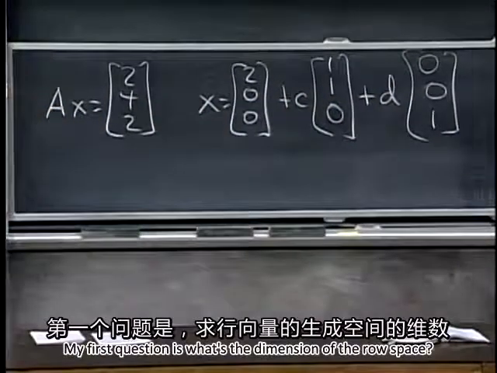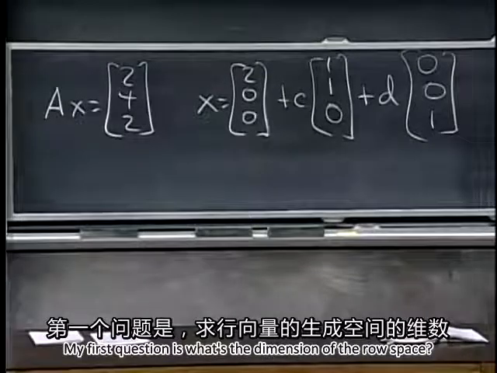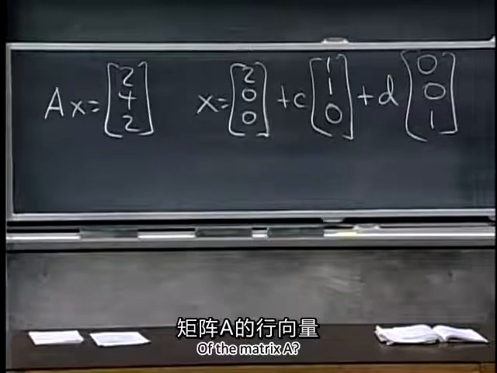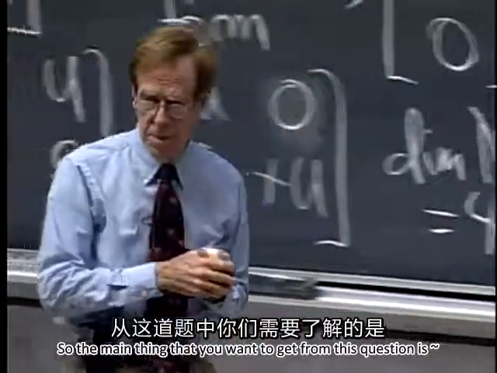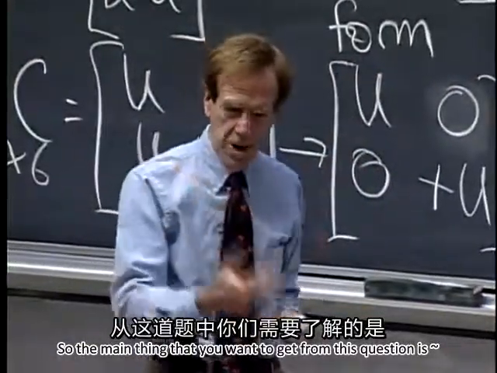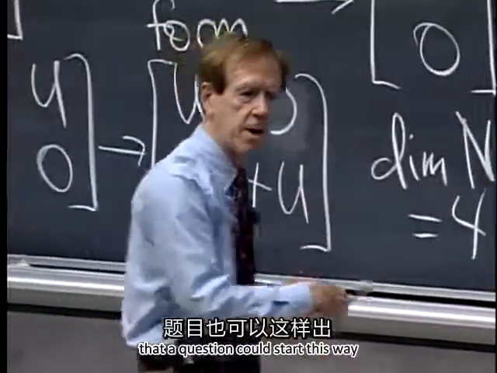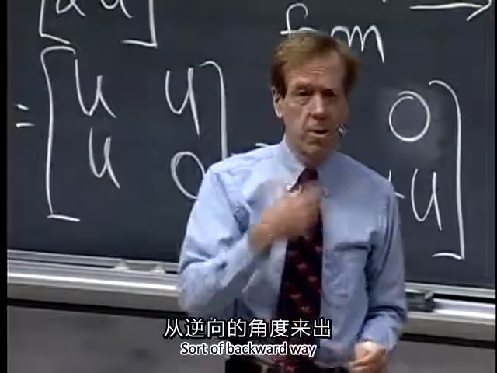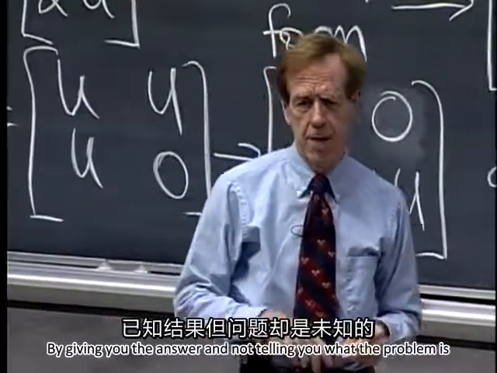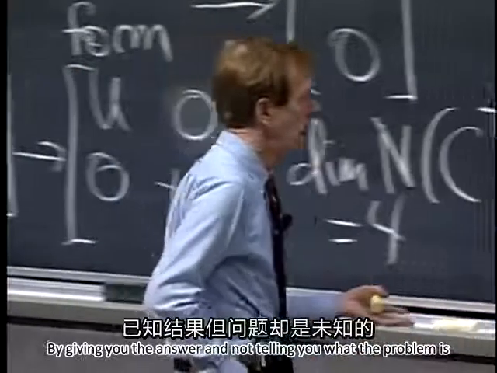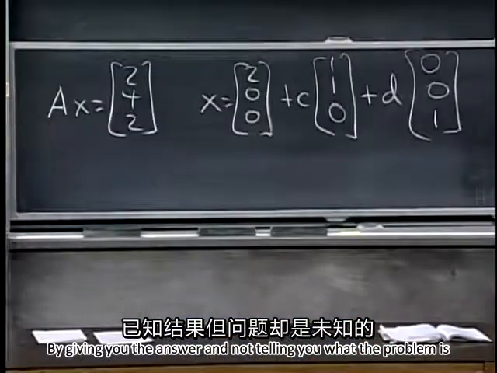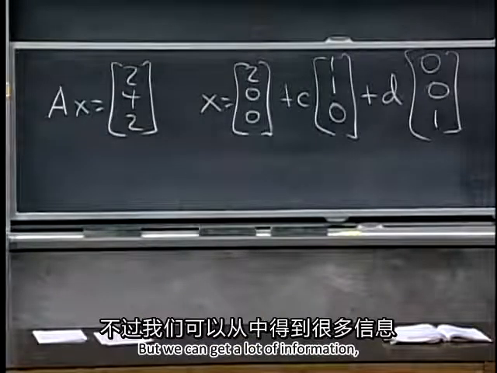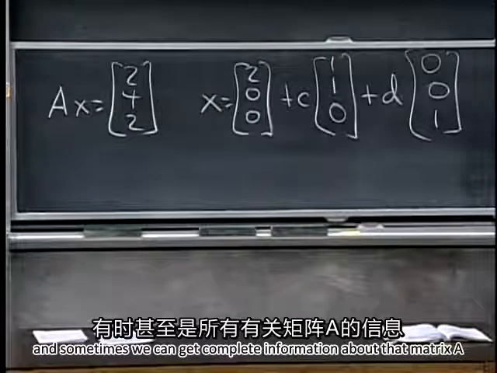All right, my first question is, what's the dimension of the row space of the matrix A? The main thing that you want to get from this question is that a question could start this way, sort of backward way, by giving you the answer and not telling you what the problem is. But we can get a lot of information, and sometimes we can get complete information about that matrix A.